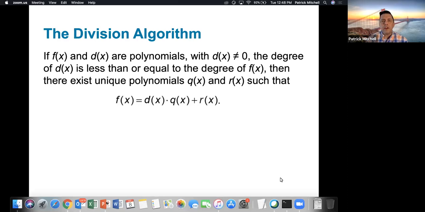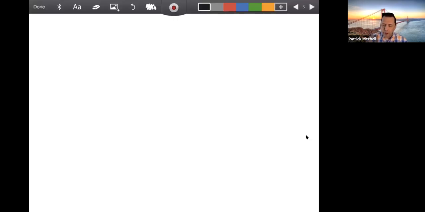All right, so there is a division algorithm for numbers, and what it says is that when you divide a number by another number, let's say 587 divided by 8, then there exists a unique quotient and remainder. And of course, you find that quotient and remainder by doing long division.